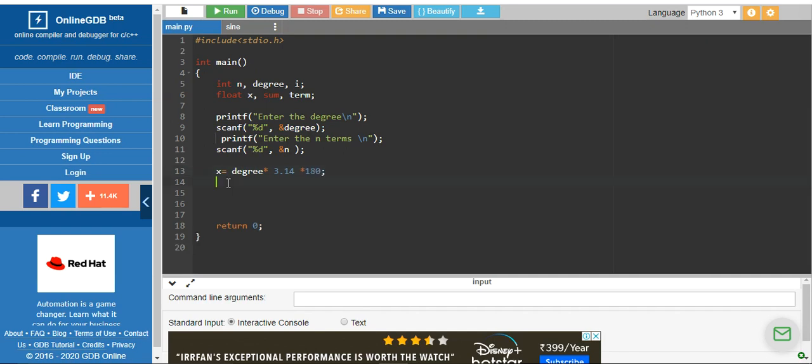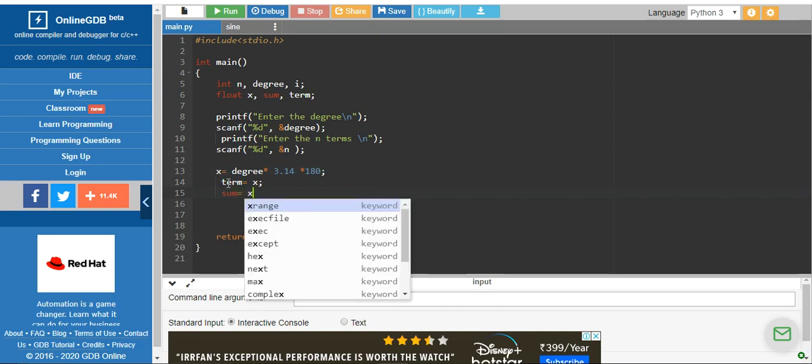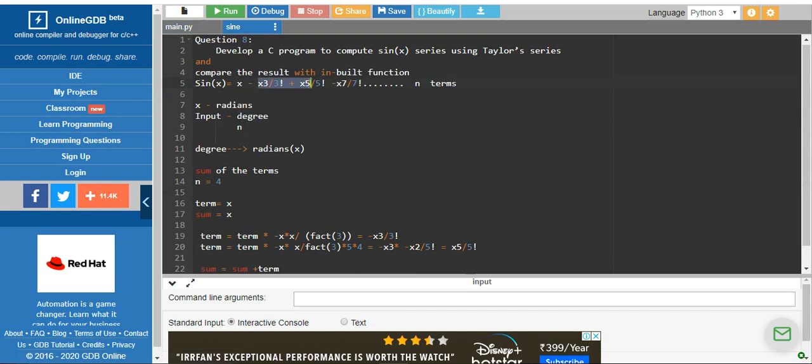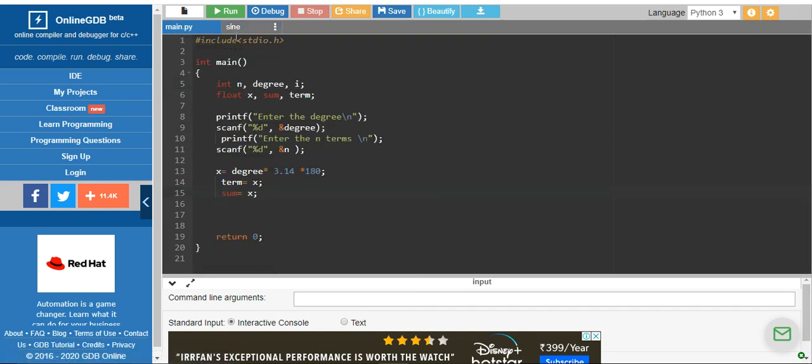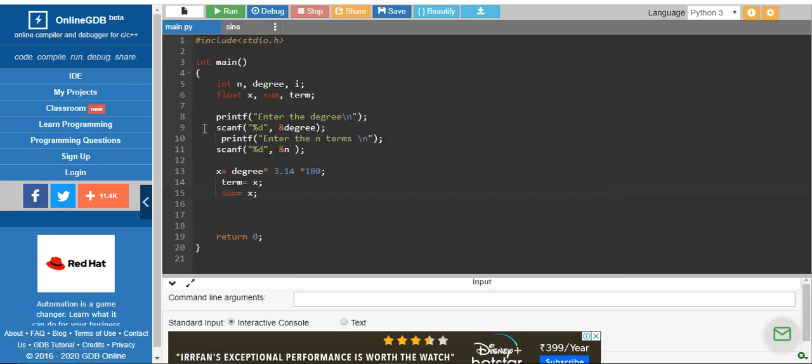After converting this, we will initialize the first term as x, and the sum value will be initialized with x because we will be calculating from the second term. You have to add this x value with all these terms, so I will initialize the sum value as x.